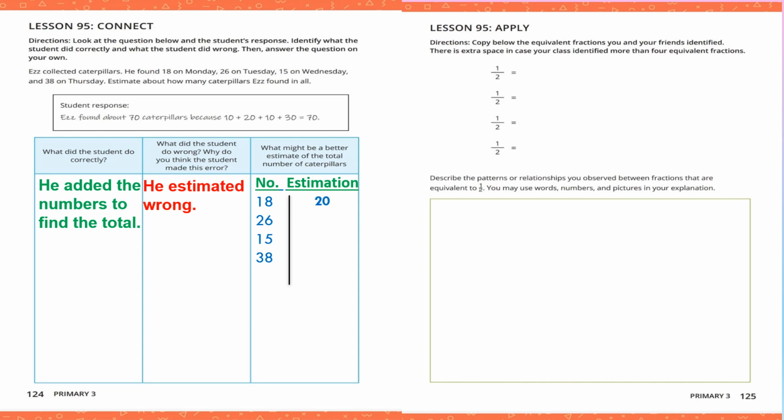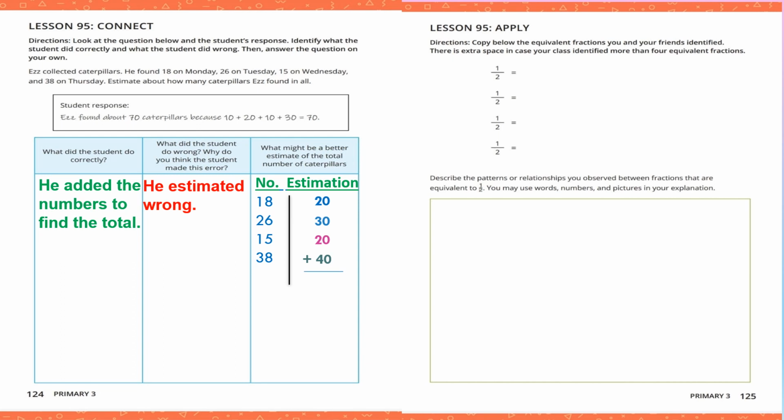26 is between 20 and 30. Then its estimation will be 30. By the same way, 15 is between 10 and 20. Here we have 5, so it will be 20. 38 will be 40.